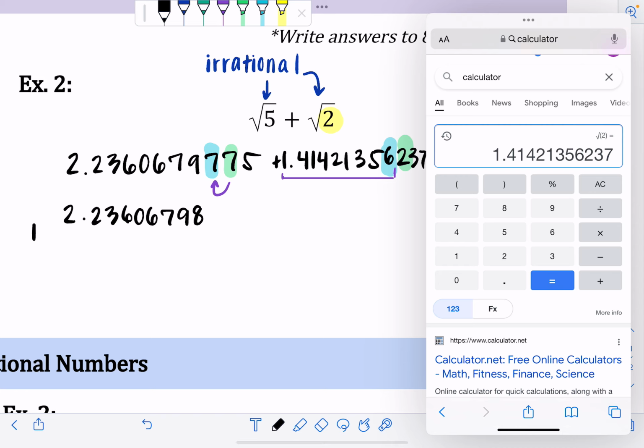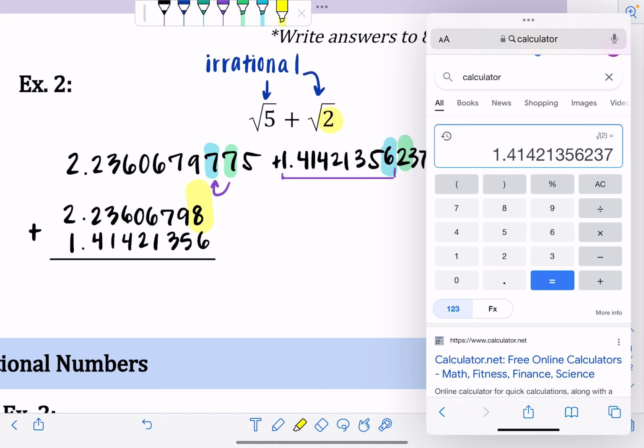So I'm adding them, so it'll be 1.41421356. And I would say 9 times out of 10, you'll probably use a calculator for something like this, but it doesn't hurt just to review things. So when we add like this, we need to start on the far right side.